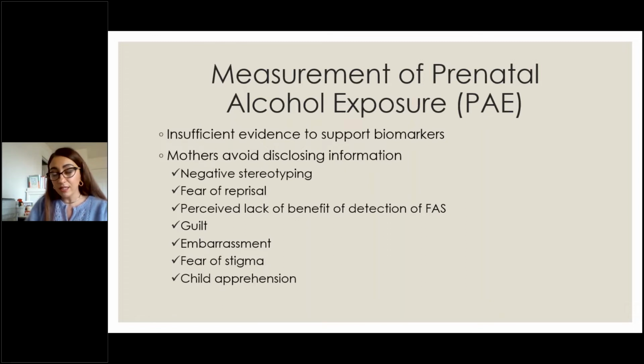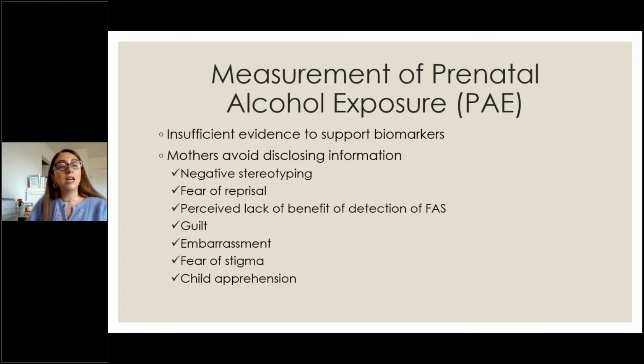So mothers avoid disclosing whether they drank during pregnancy or not, and they provide minimal information about that alcohol consumption. As a result, they might also not want to participate in some of the research regarding FASD either. Therefore, we might not be integrating them into the current research, and we cannot always advance in that area either.